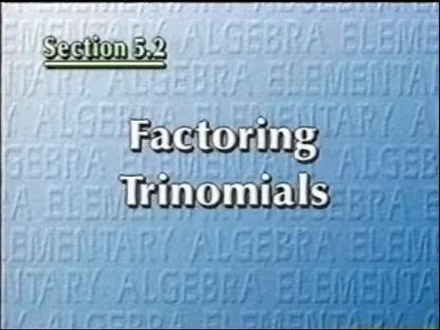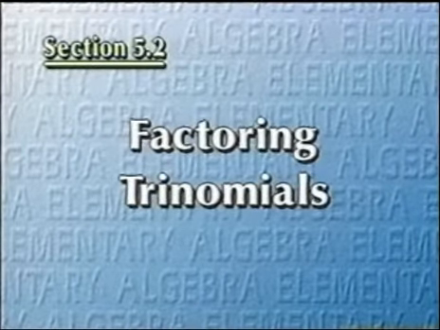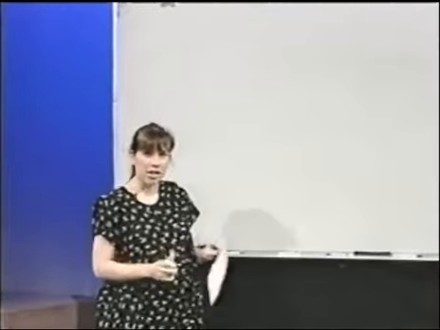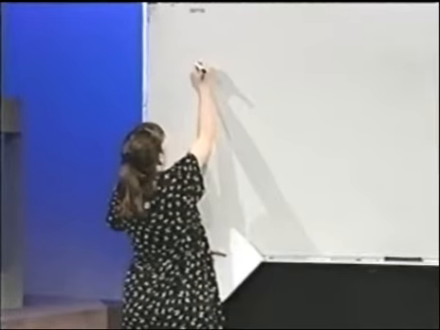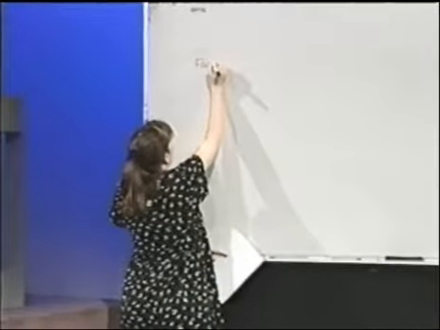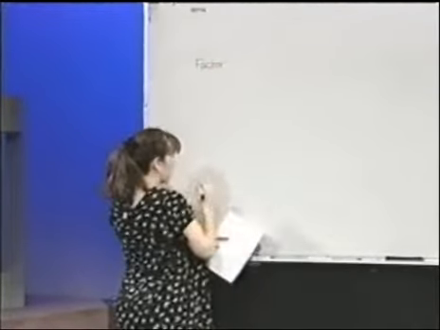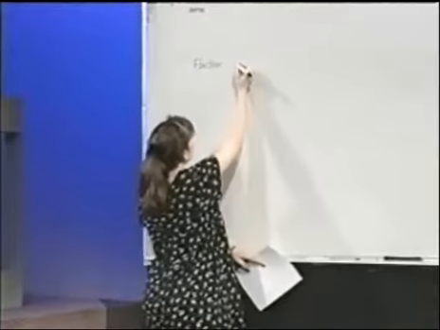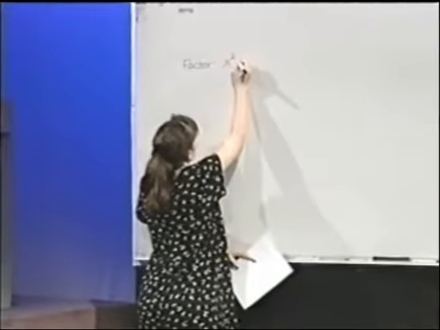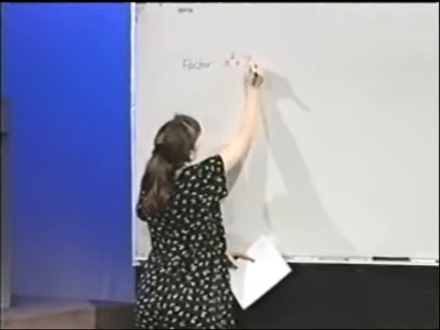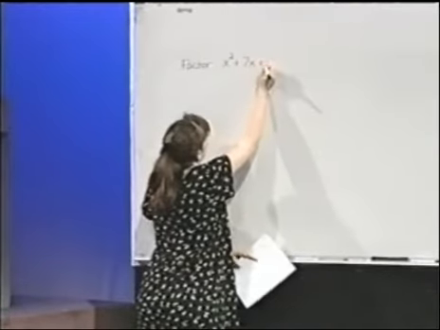Okay, Factoring Trinomials. We're going to start by doing some board work, and I'm going to begin by putting a trinomial onto the board. So let's factor the trinomial x squared plus 7x plus 10.